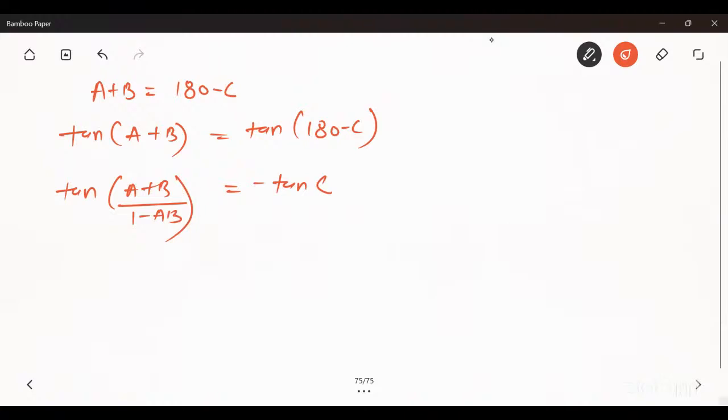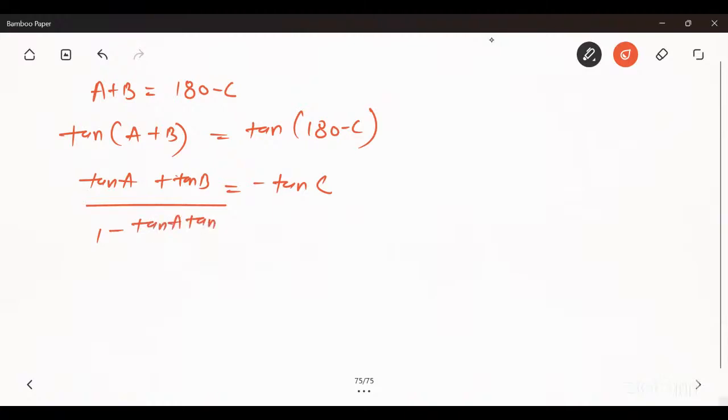So tan of 180 minus c is minus tan c. And tan of a plus b is equal to tan a plus tan b upon 1 minus tan a tan b. This is the formula I have applied here.